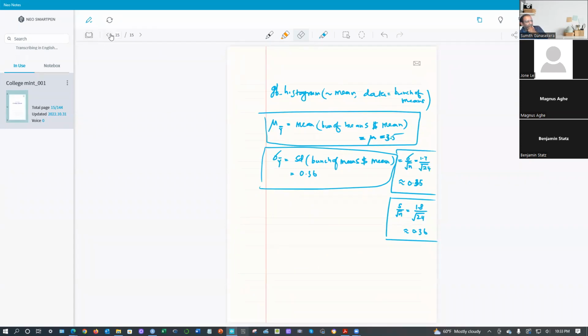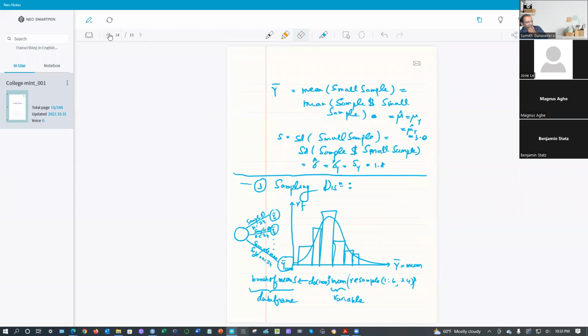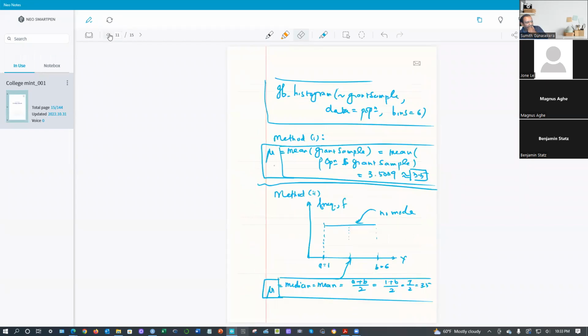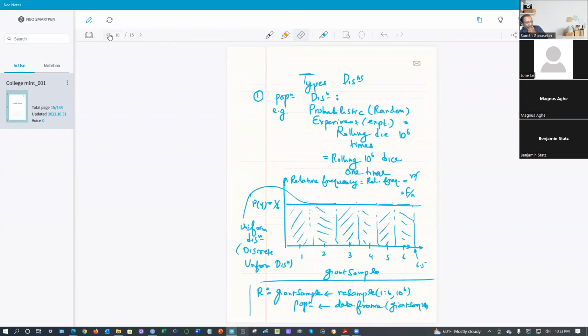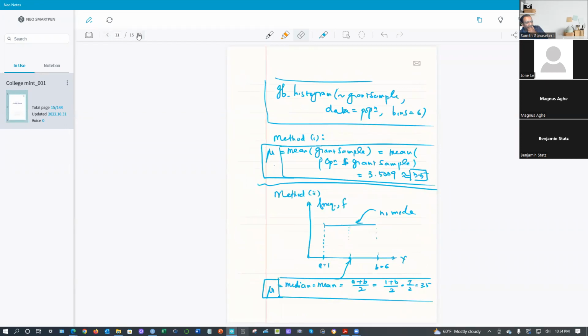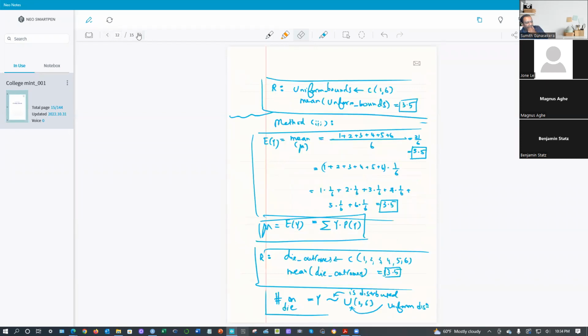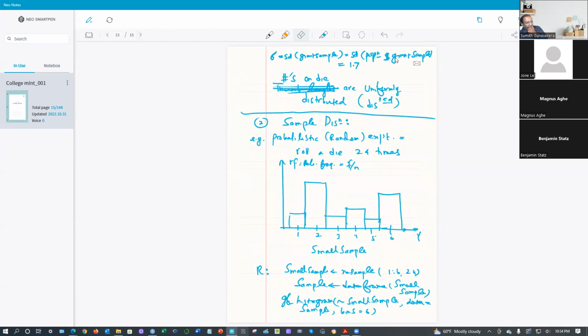If you go back to the population, where I put the standard deviation.